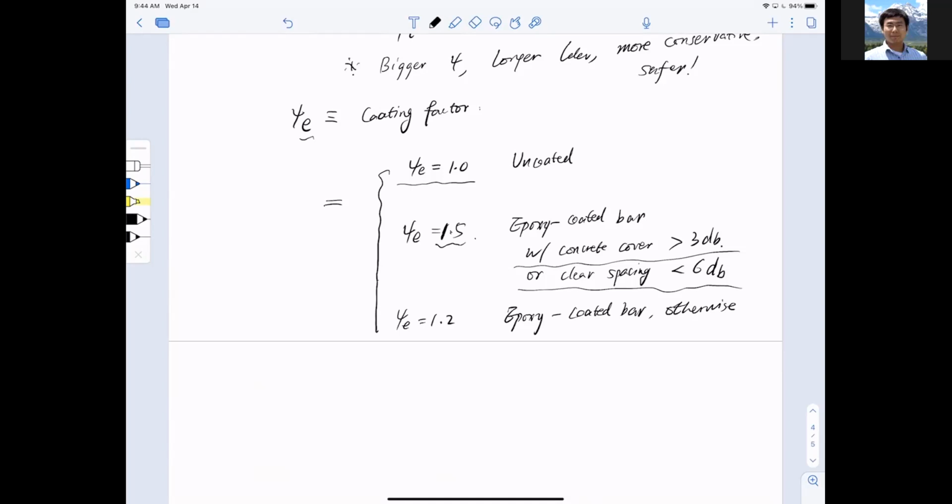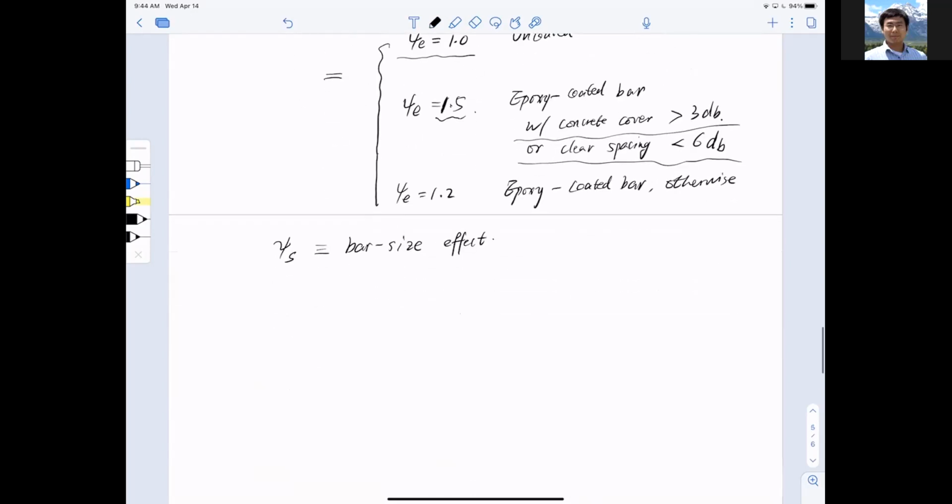Last but not least, we have a size effect, the size factor psi s. Why is that? Because a larger bar being developed needs a longer development length, but a smaller bar doesn't need that long.